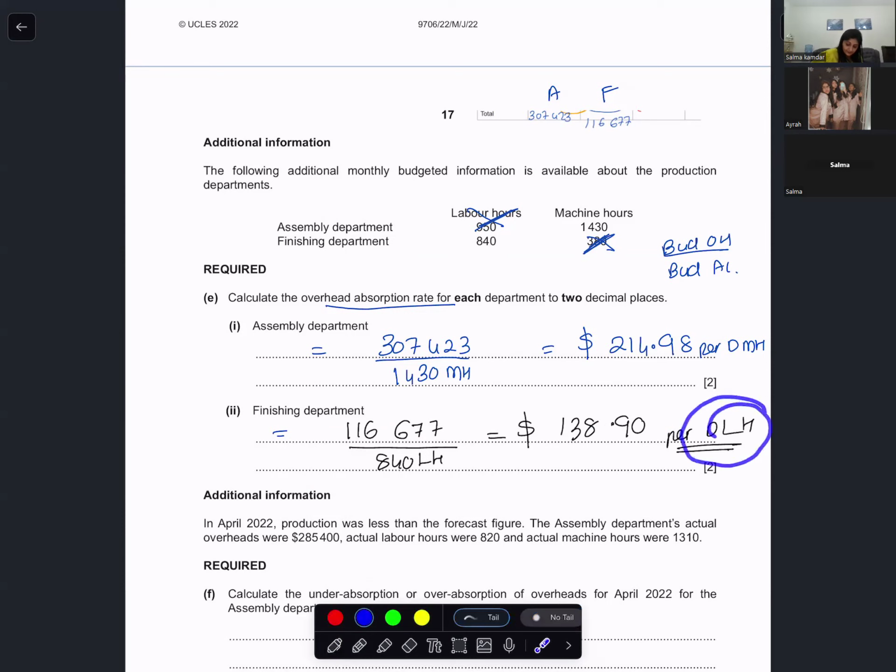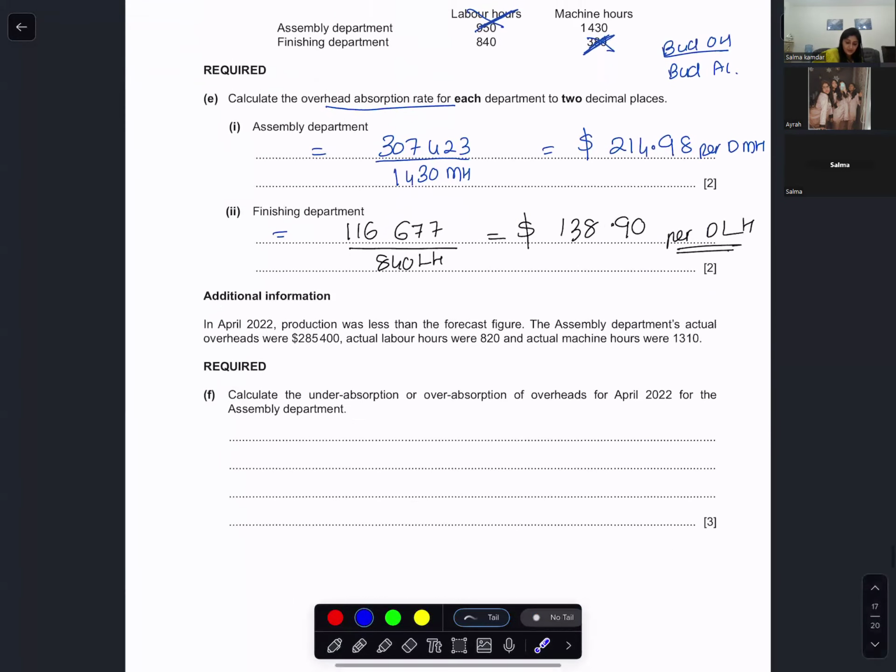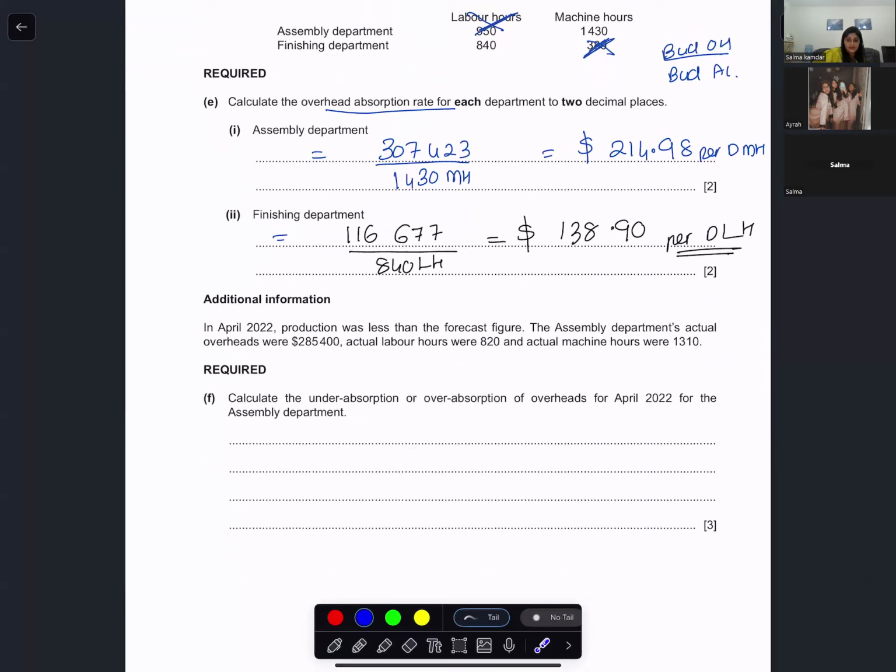After the overhead absorption rate, what do they ask you to find normally? Usually the under absorption or over absorption. For that, what should they give you? The actual overheads.